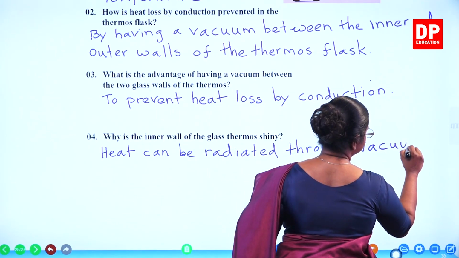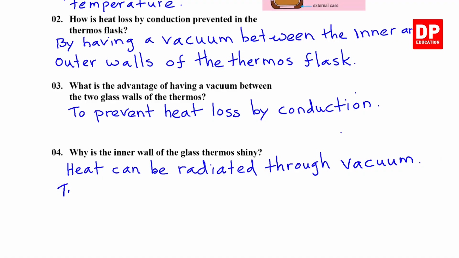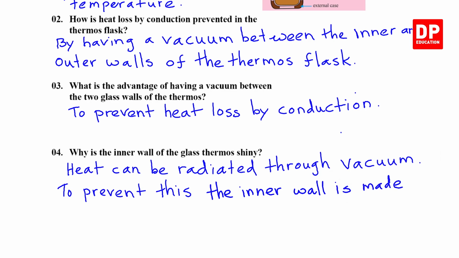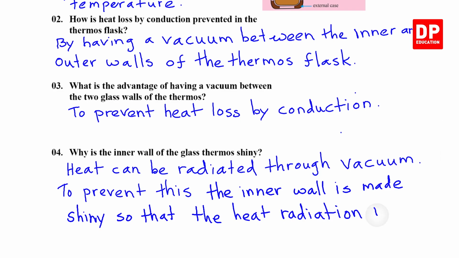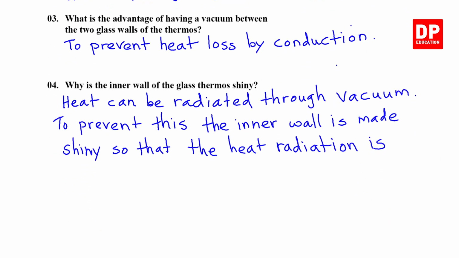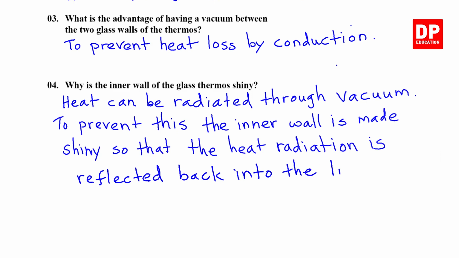To prevent this, the inner wall is made shiny so that the heat radiation is reflected back into the liquid.